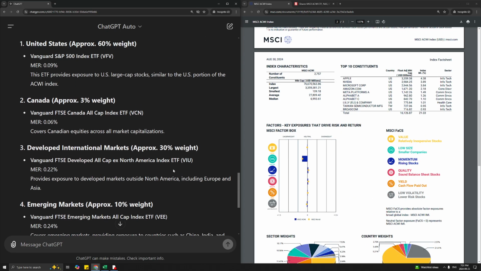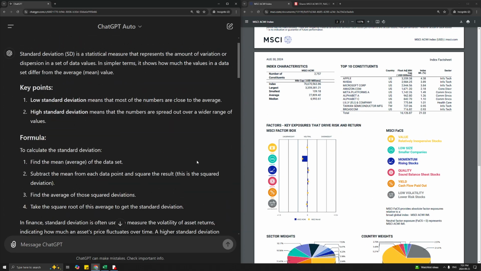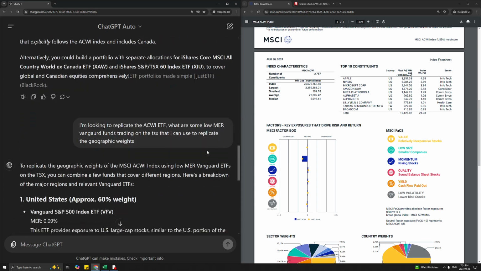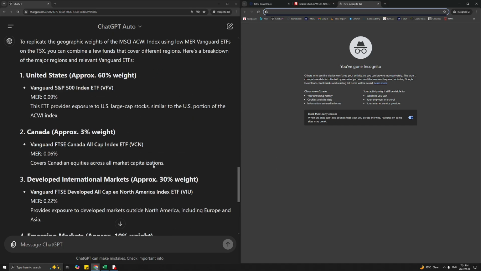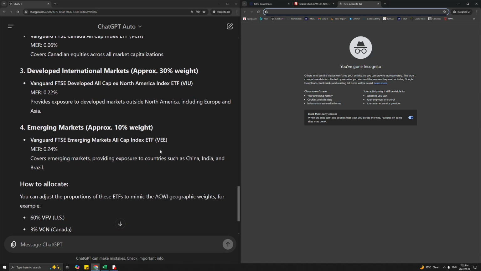What we're going to do is validate ChatGPT, because I already don't trust it from the initial comments. So I'm going to look through these and validate some of them.